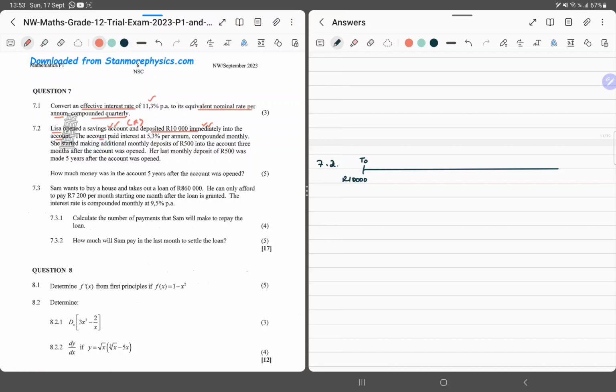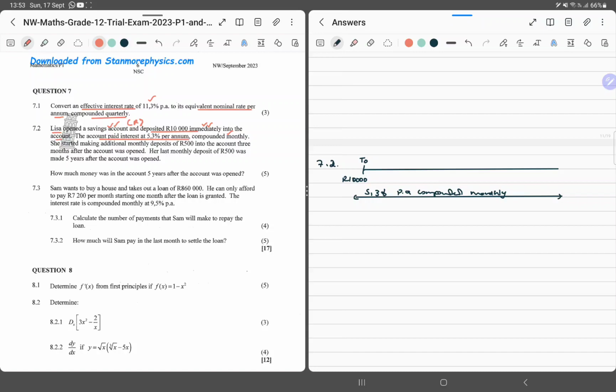Then the account paid interest at 5.3% per annum, compounded monthly. Okay, so there is our interest for the whole time period. She keeps this money in the bank. It's paying at 5.3% per annum, compounded monthly.